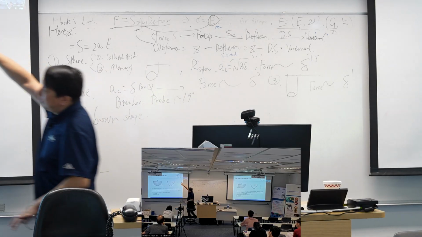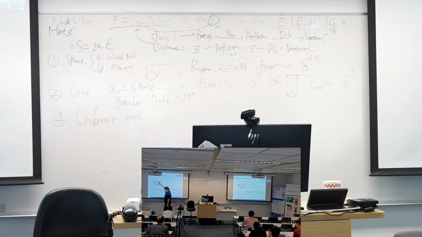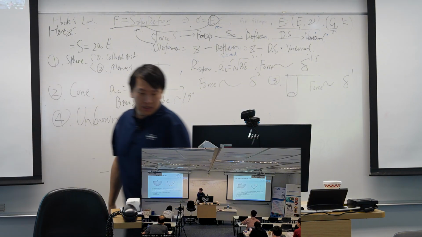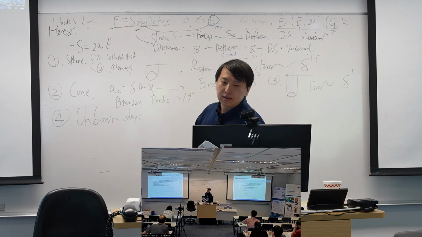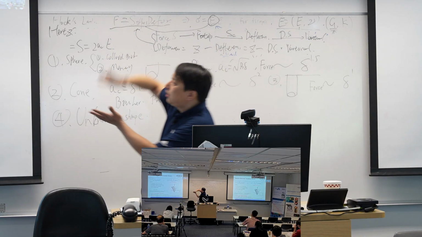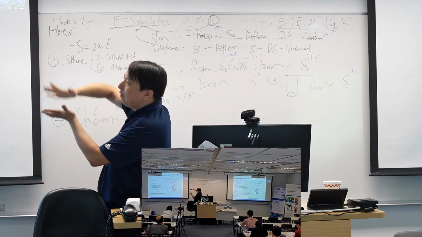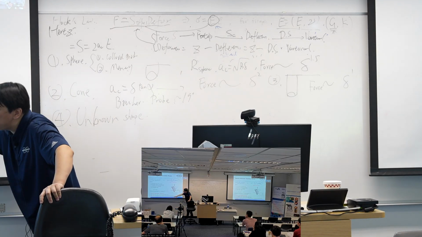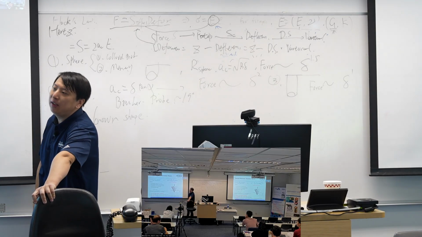So of course it is not a sphere, so I cannot use the Hertz model to do it. But the indentation or the deformation is so small, it does not penetrate my sample significantly.